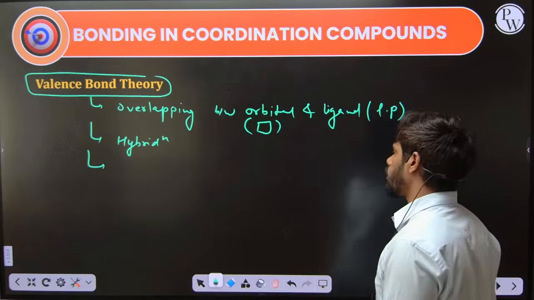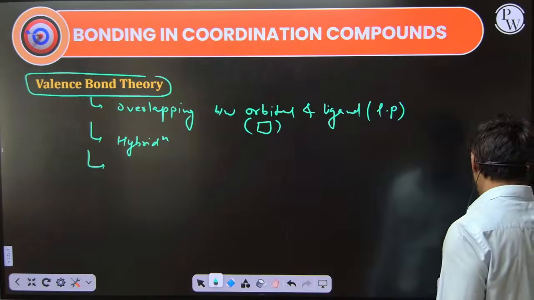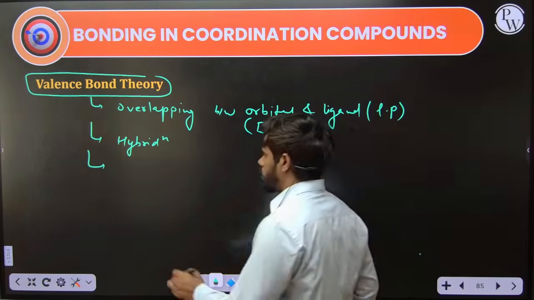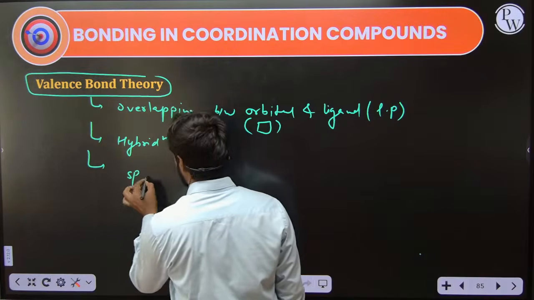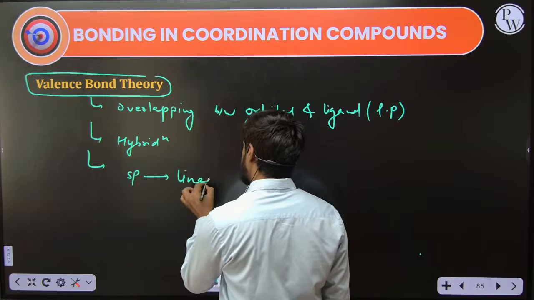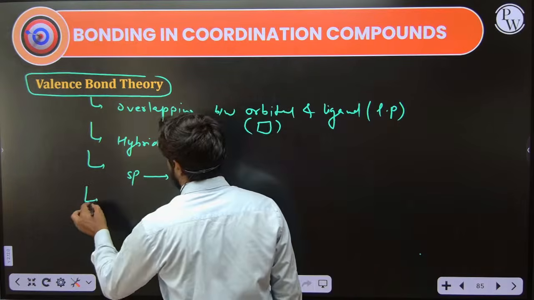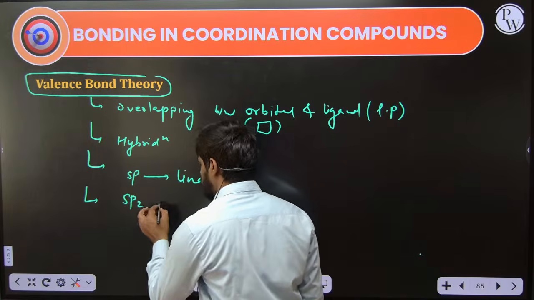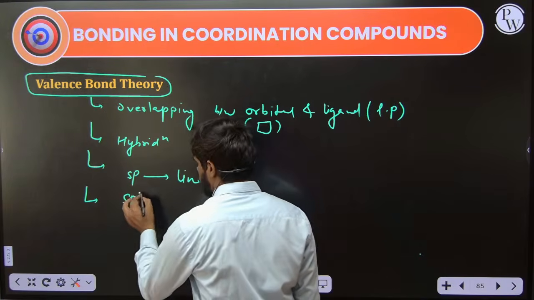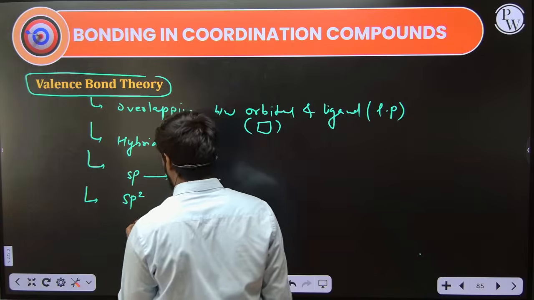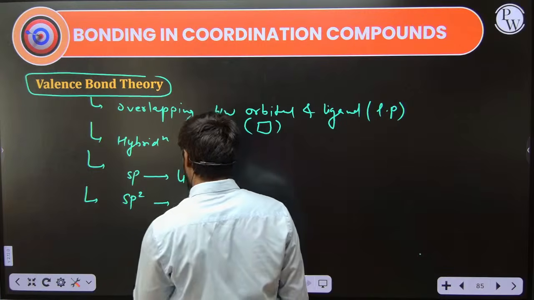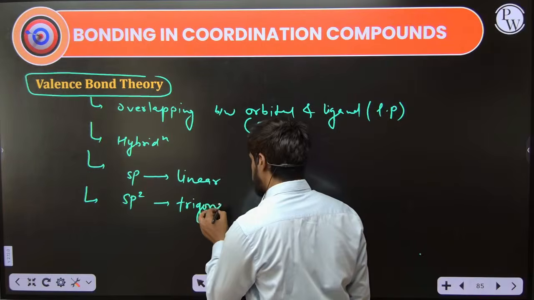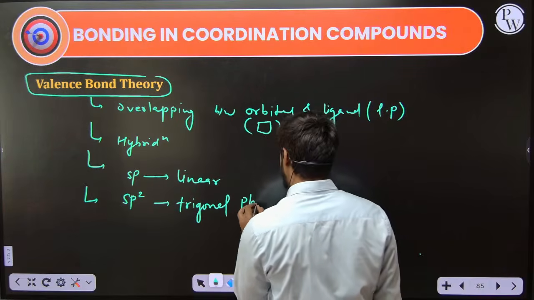Next, we can write some hybridizations. First of all, if it is sp, then it is linear, similar to the chemical bonding which we have done. If it is sp2, then it is trigonal planar.